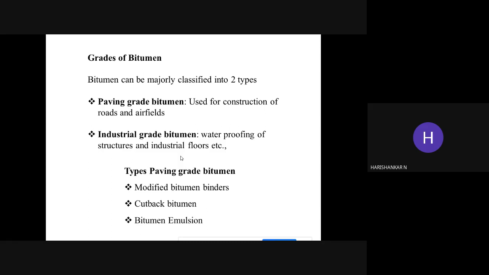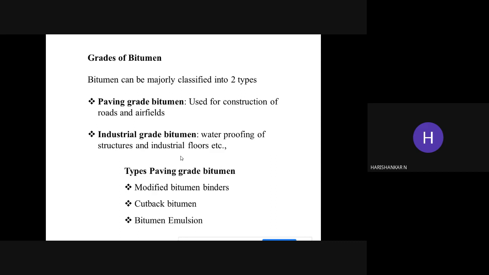So the penetration graded bitumens are on one side, and the viscosity graded bitumens are on the other side. Both these gradings have their own advantages and limitations. Once you decide the quality of the bitumen based only on the penetration test, then you have the penetration graded bitumen.